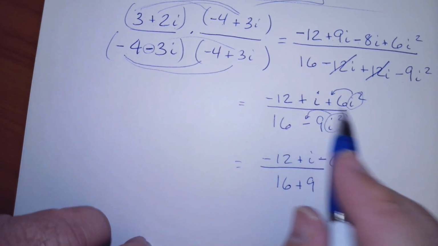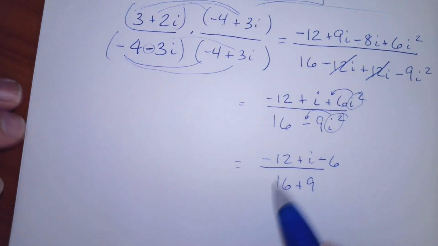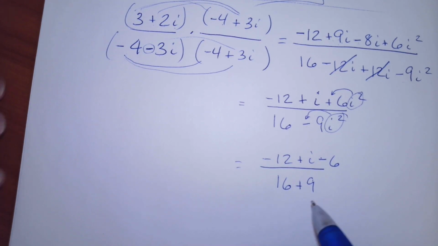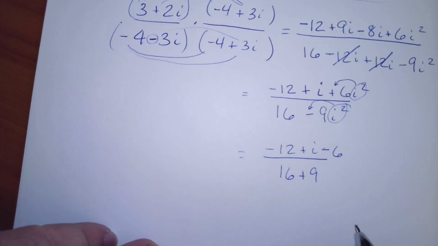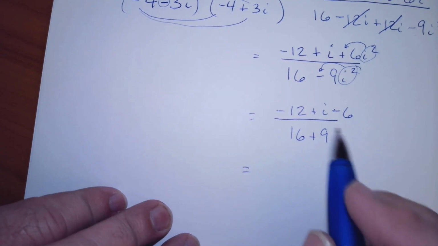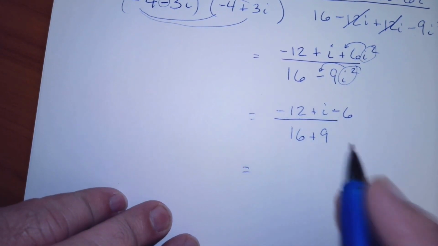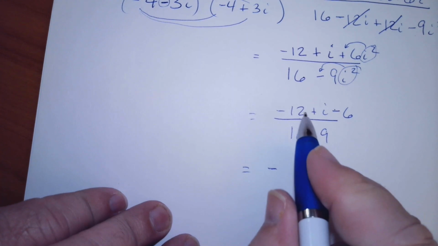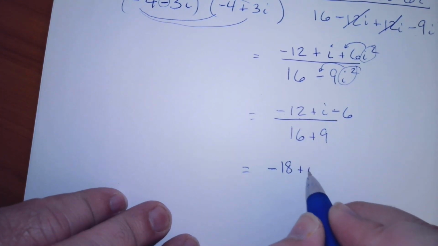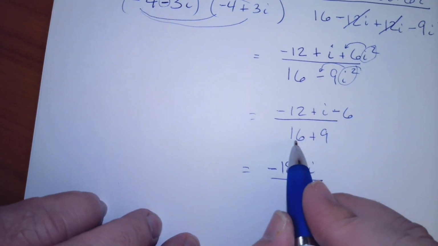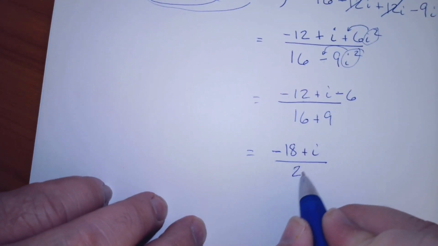You notice, whenever we have complex numbers, the bottom is always going to be a positive, because it's going to be pluses in front of the coefficients. Negative 12 minus 6, they're both negative, so I add them. 12 and 6 is 18, plus i. 16 plus 9 is 25.